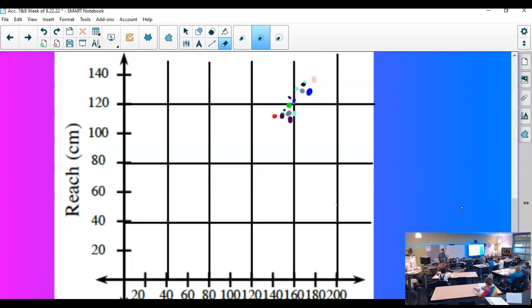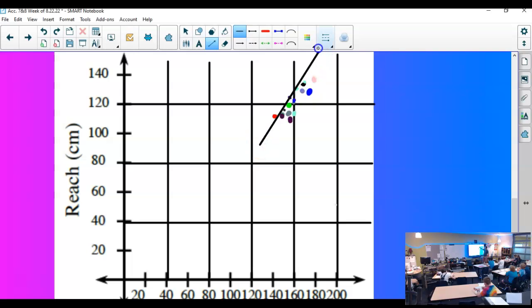All the dots are in the same space. All the dots seem to be in just one cluster. Nick, why might that be? Well, as you can see, it grows up pretty linearly, since the size of your hands is correlated to your size.